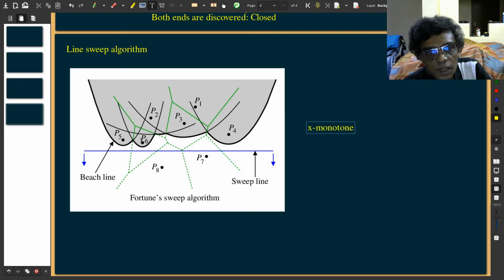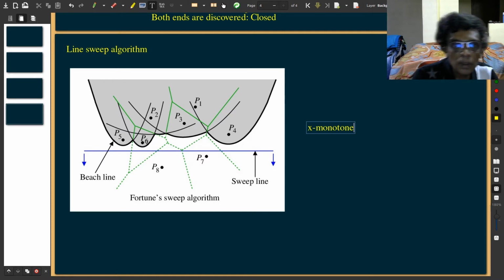Likewise, if I consider P6 and P2, this is a point where these two parabolas meet. So this is equidistant from P6, P2 and the sweep line. Therefore, as the sweep line moves downward, this intersection point will move along the perpendicular bisector of P2, P6.